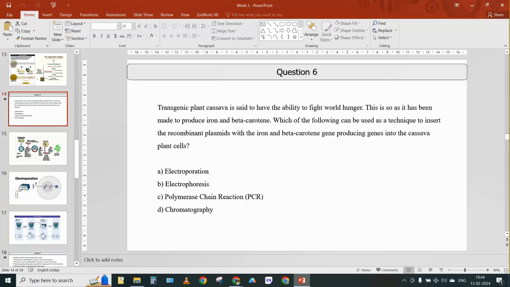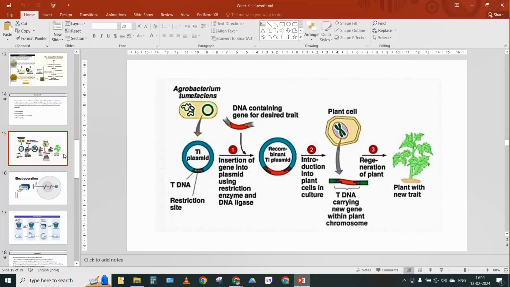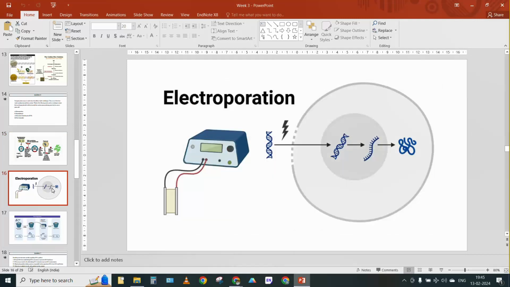So here we'll go with the electroporation things. Agrobacterium mediated transformation is a widely utilized genetic engineering technique for introducing foreign genes into the genome of plants, but it has some disadvantages compared to the electroporation technique. So we have introduced the electroporation technique.